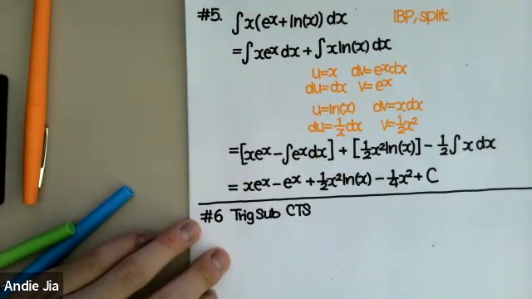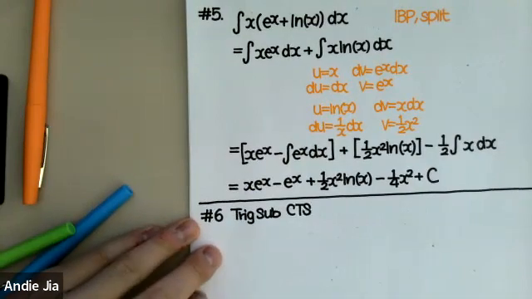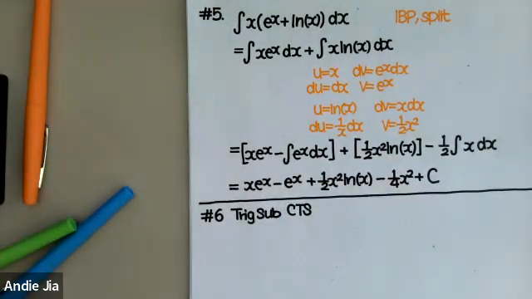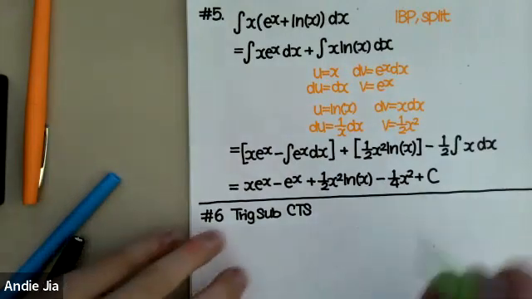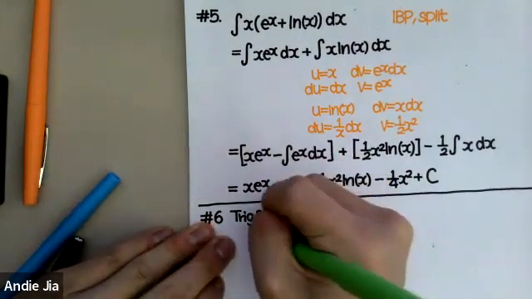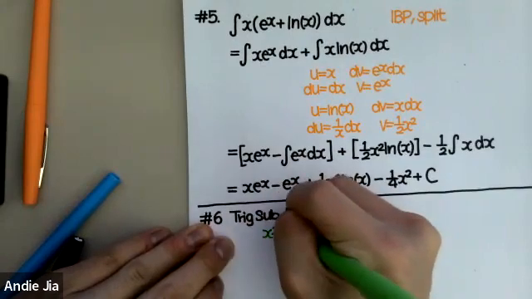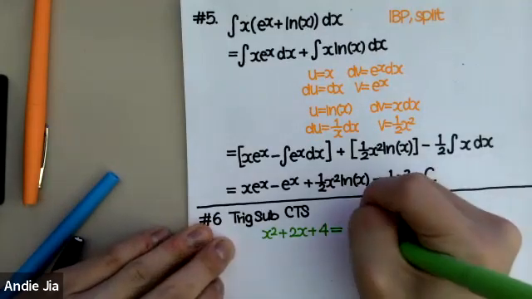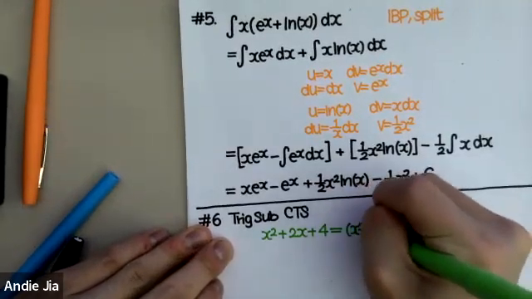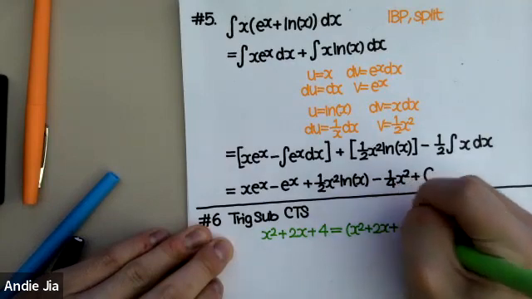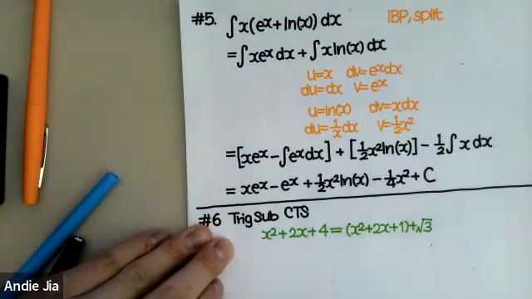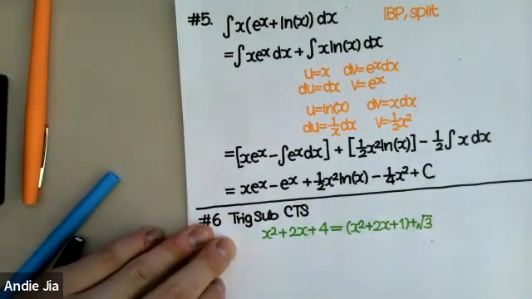Okay, x squared plus 2x plus 4, and you know it is this, right? So x squared plus 2x plus 4 is x squared plus 2x plus 1 plus 3. I know this is going to be nasty, but oh well.